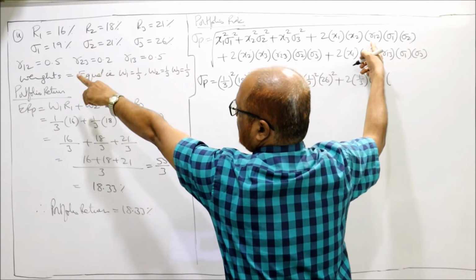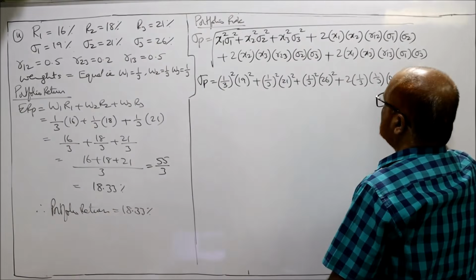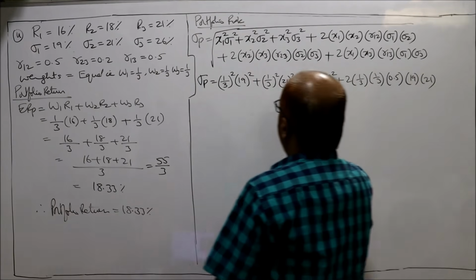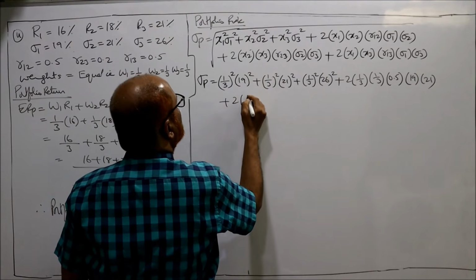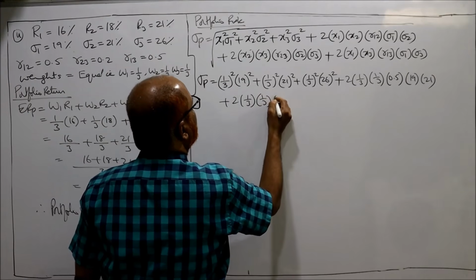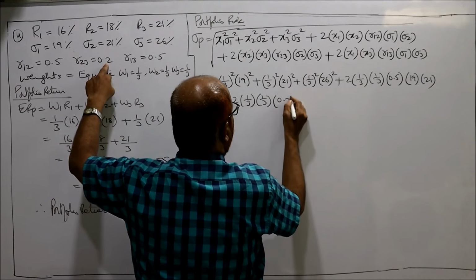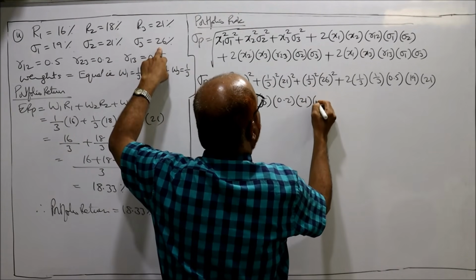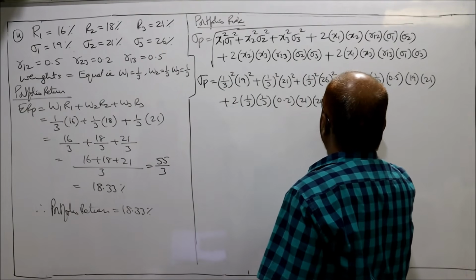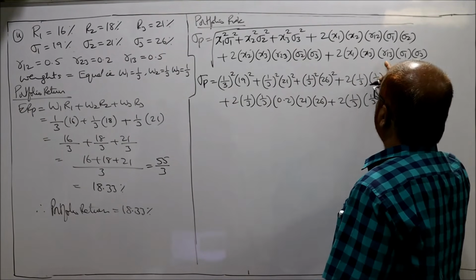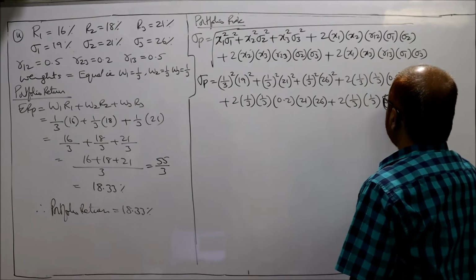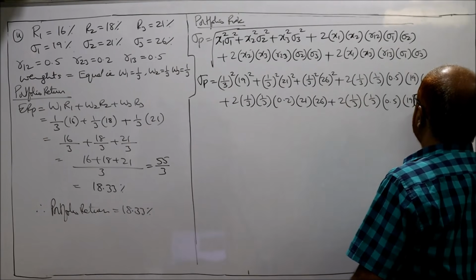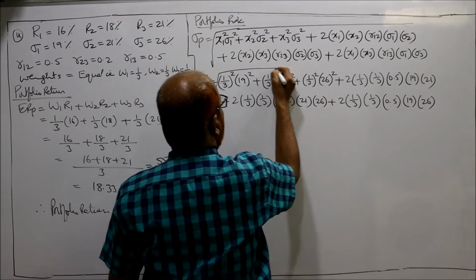How much is r12 there? 0.5 into sigma 1 into sigma 2, that is 19, 21, plus 2 into x2 into x3, 1/3 into 1/3 into r23, 0.2 into sigma 2 into sigma 3, that is 21, 26, plus 2 into 1/3 into 1/3 into r13, 0.5, sigma 1 19, sigma 3 26. That's it. Now I am putting under root.